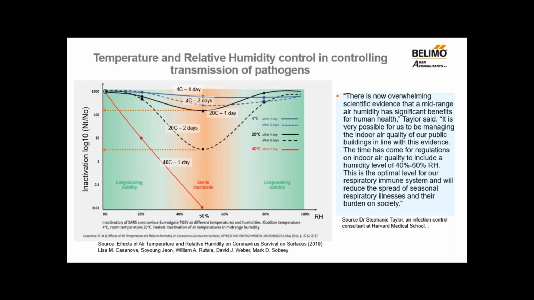Say the temperature is 20 degrees Celsius and 50% RH, there is a significant drop in virus inactivation compared to higher humidity levels. This study shows that at a relative humidity of 50%, less than 1% of the virus survive after 2 days.